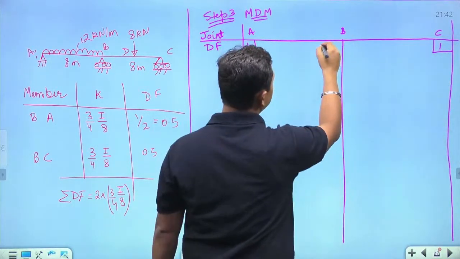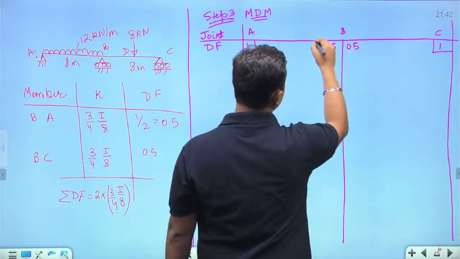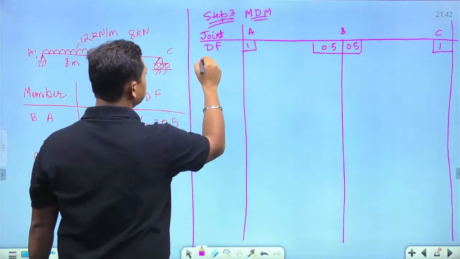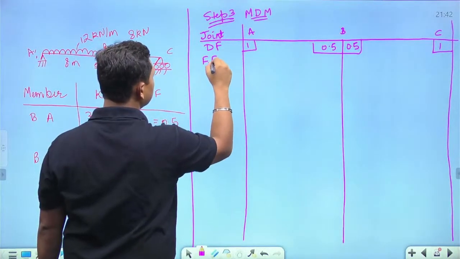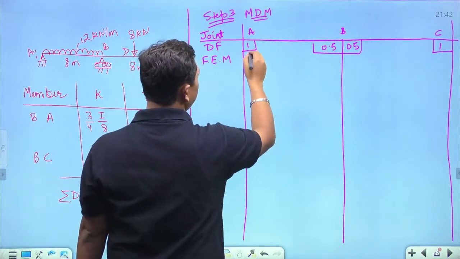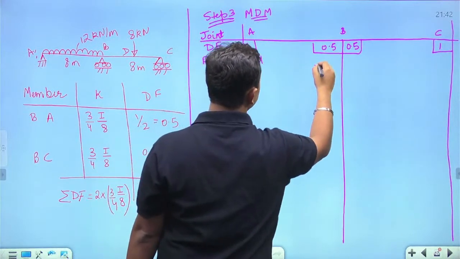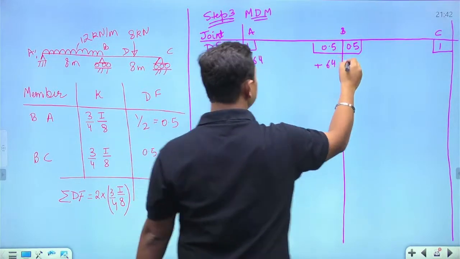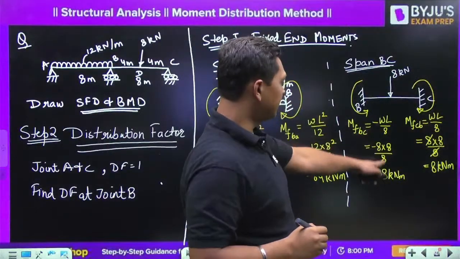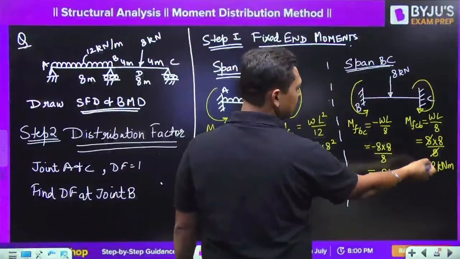And the joint B is 0.5 on each side. Fixed end moments. What are the fixed end moments? MFAB is minus 64. This is plus 64. This is BC. MFBC is minus 8. And this is plus 8.